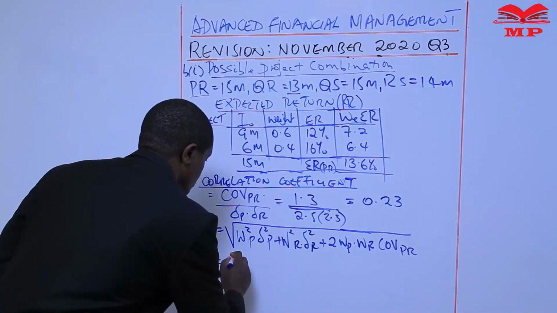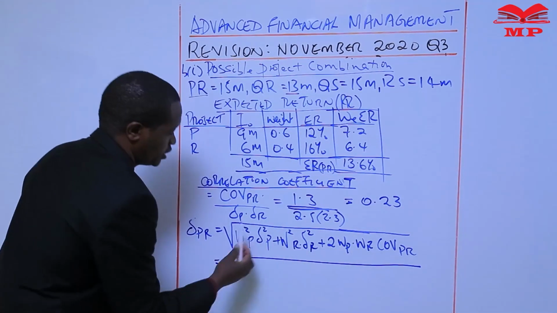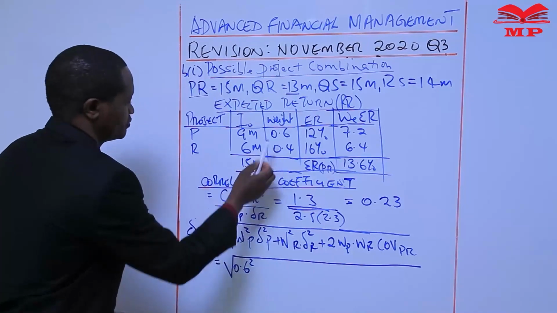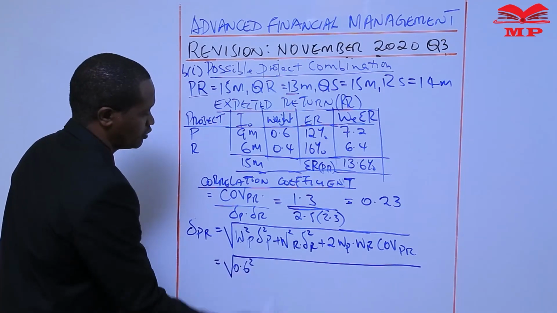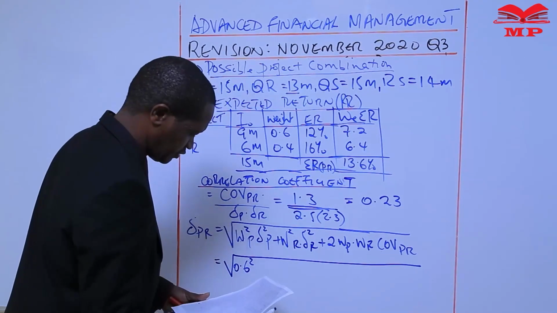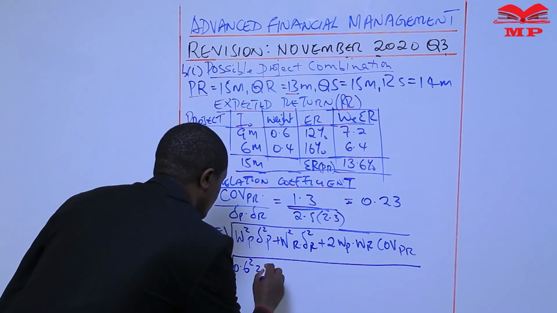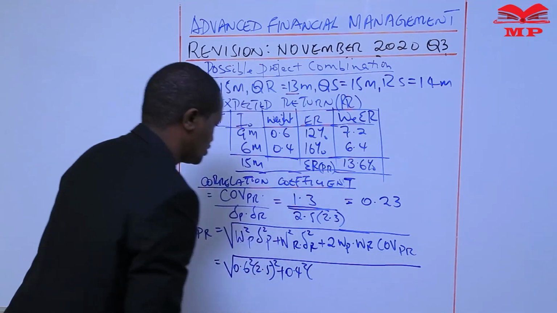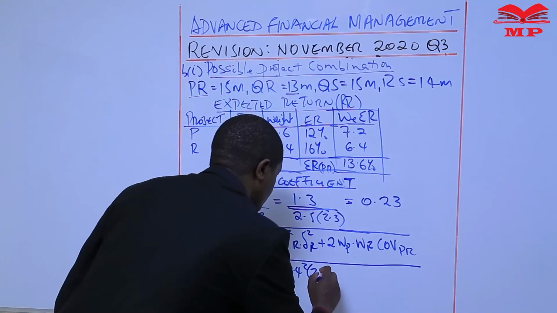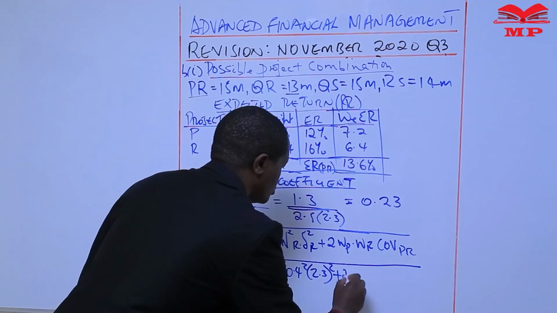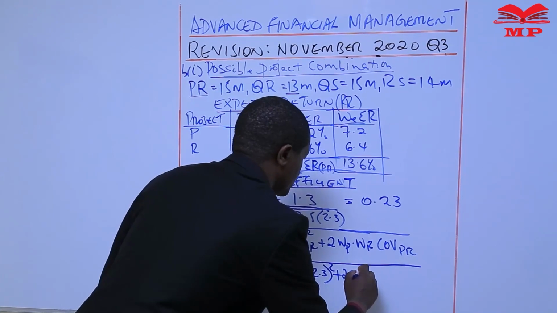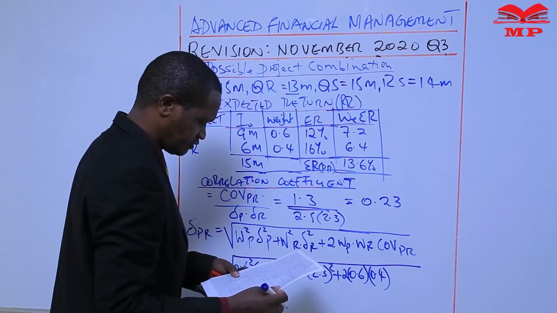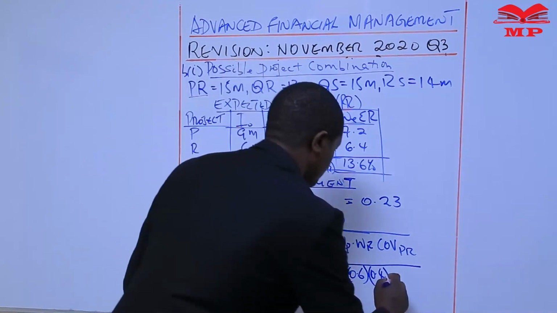So candidates, square the weight of P, 0.6 squared, times the square of the standard deviation of P, from the question, 2.5 squared, plus 0.4 squared times the standard deviation of R, 2.3 squared, plus 2 times 0.6 times 0.4 times the covariance of PR, from the question, 1.3.